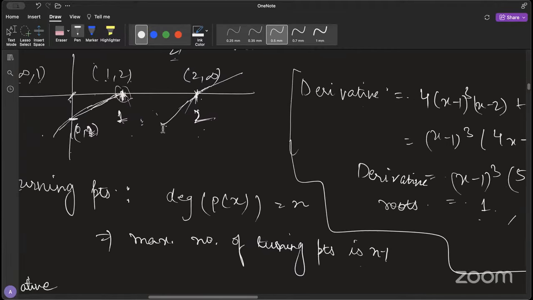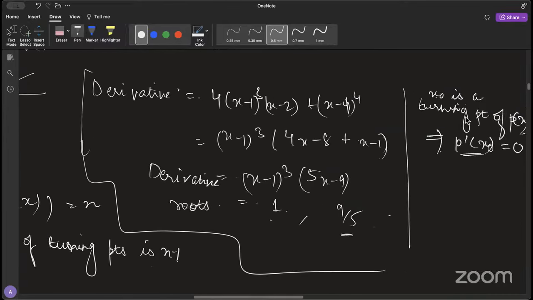That means if you have a turning point here, two turning points here, or three turning points, if this is your graph, either this is the possibility or this one is the possibility, right? So if you have something like this, then you'll have three turning points between x equals 1 and x equals 2. 1, 2, 3.